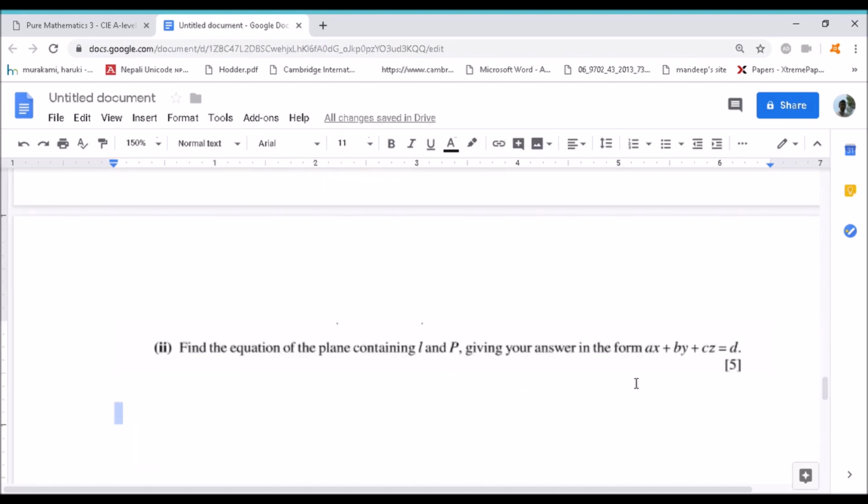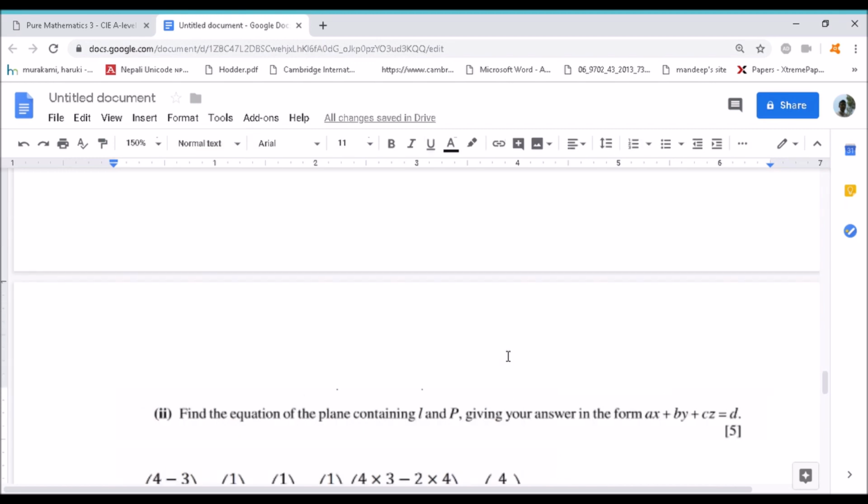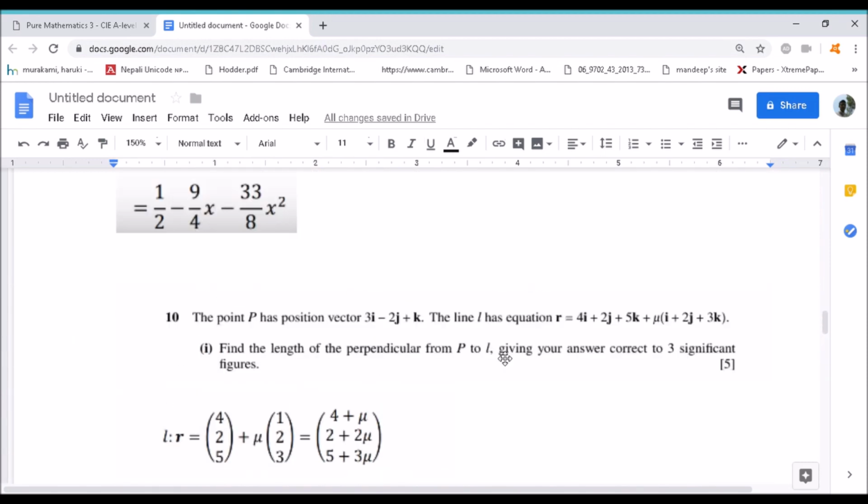Find the equation of the plane containing L and P, giving your answer in the form ax plus by plus cz equals d. We have to use the cross product here. So the cross product of the position vector 4, 2, 5 and the position vector 3, minus 2, 1.